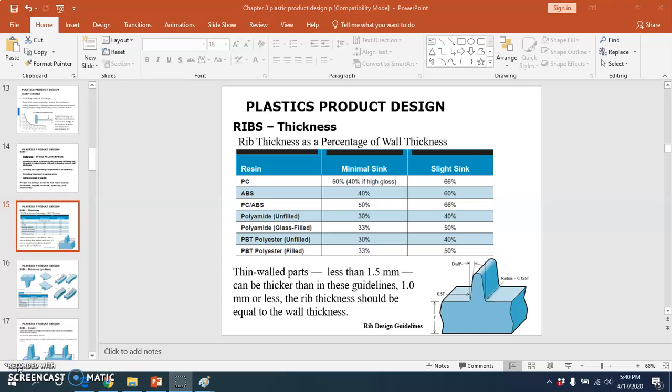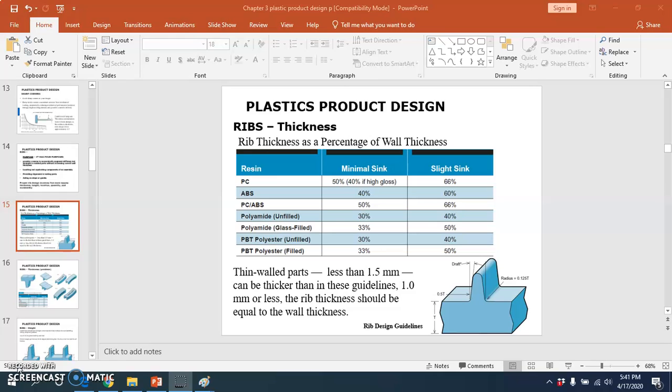First, look at the rib thickness as a percentage of wall thickness. Many factors go into determining the appropriate rib thickness. If we produce a thick rib, it often can lead to sink and cosmetic problems on the opposite surface of the wall to which they are attached.